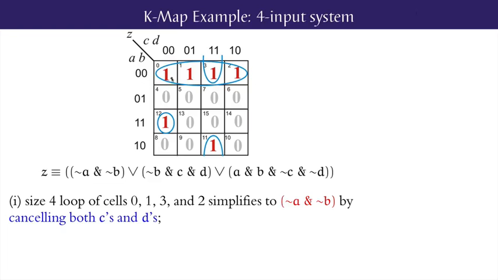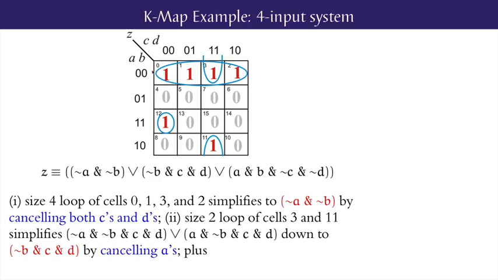Since 0 is adjacent to 1, 1 is adjacent to 3, 3 is adjacent to 2 and 2 is adjacent to 0 via the wraparound. In this size 4 loop, both the C's and the D's are cancelled, and the remaining code of 0 for A and 0 for B tells us that we have the conjunction not A and not B.